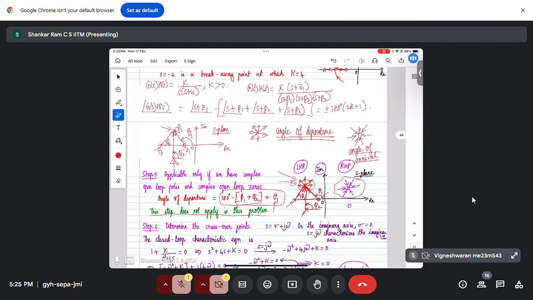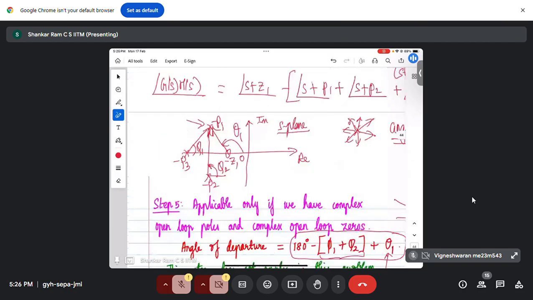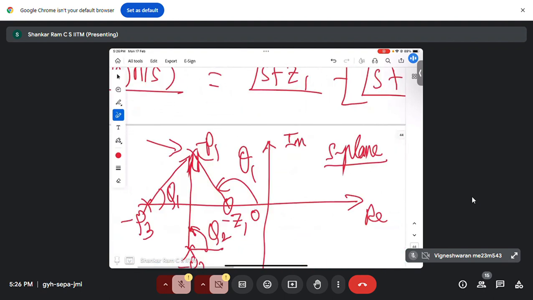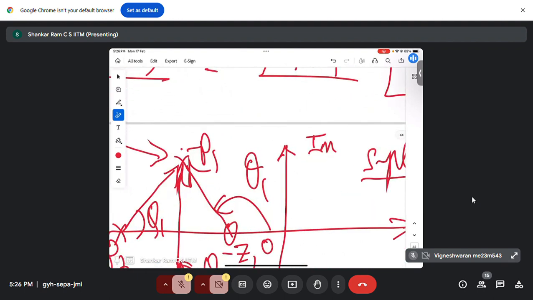I hope till here we are okay. Now you and I need to find the angle of departure. Let me zoom into P1. Let us say I take a test point ST which is very, very close to minus P1. I draw a vector.